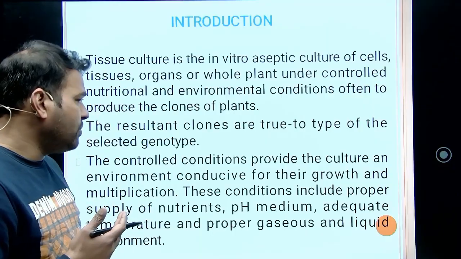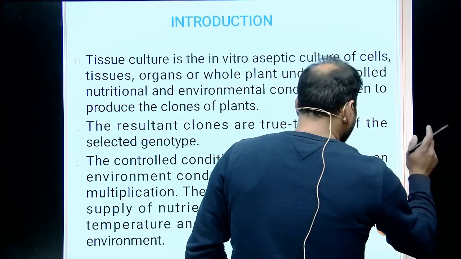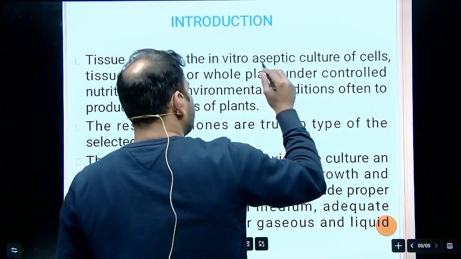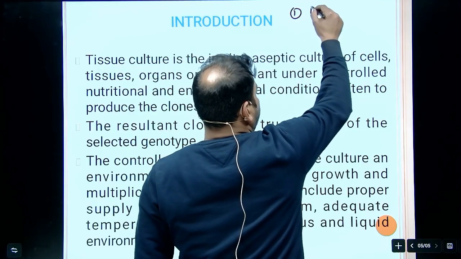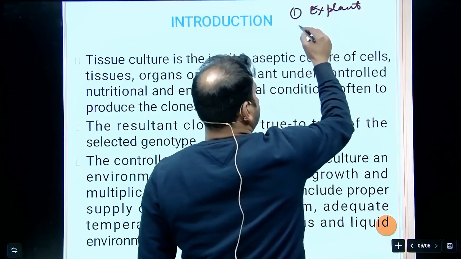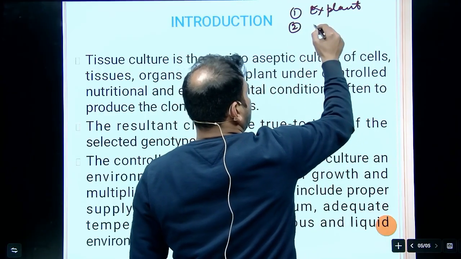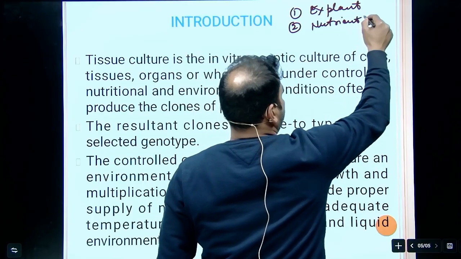So basically, if we are talking about the requirements of tissue culture, the first major requirement is your explant. Second requirement is your nutrient media.